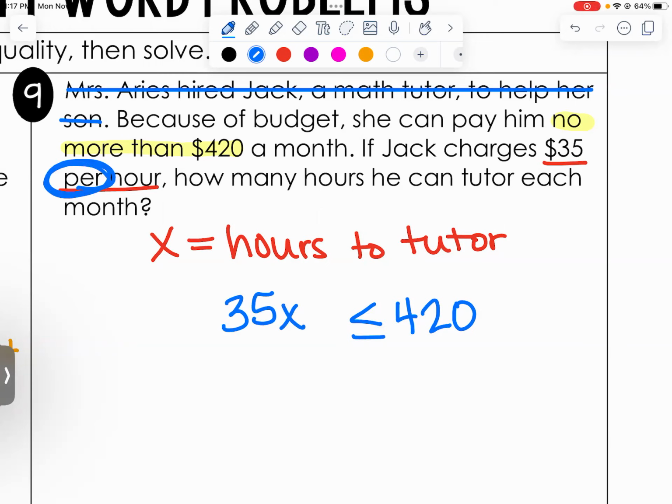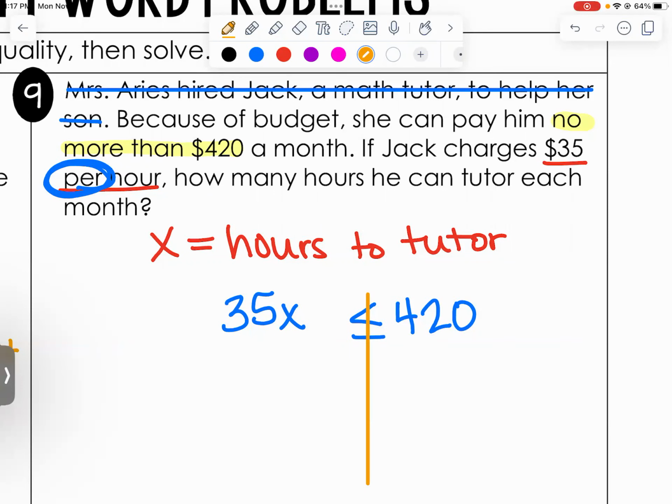If I make $35 per hour and I work 5 hours, I'm going to multiply those together. I need you to write the inequality and then solve for X.